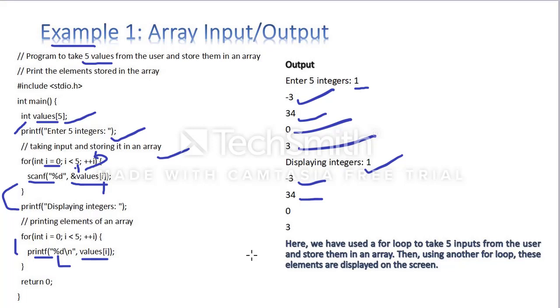So just follow this video and remember this concept. This is just an introduction to arrays: how to declare an array, how to insert elements in an array by using scanf, and how to print the elements in an array by using printf. Just remember those concepts.